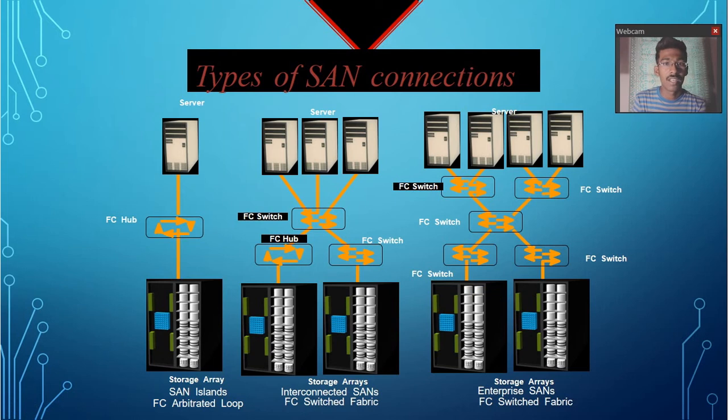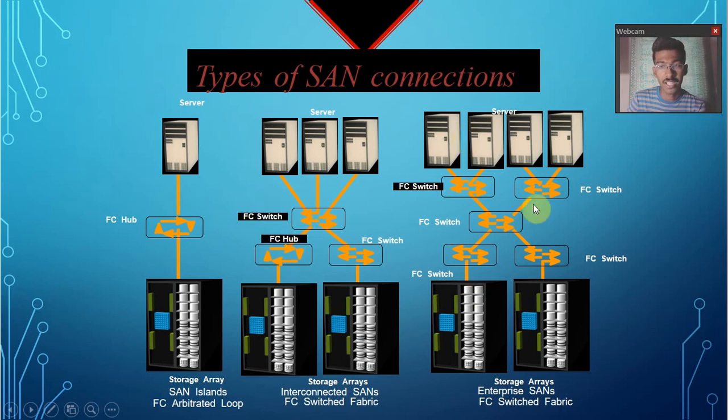So, types of SAN connections. The server is connected to an FC hub and a storage array. Here, these servers are connected to an FC switch, and the FC switch is connected to an FC hub, and then to the storage arrays. Here the servers are connected to a switch, and that switch is connected to another switch, and then it's connected to another switch.